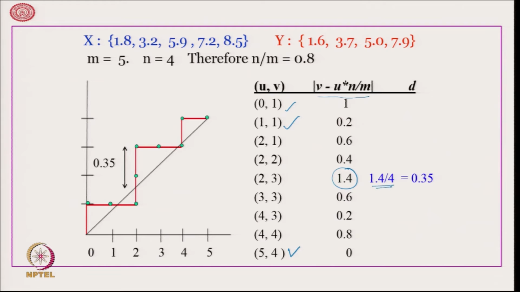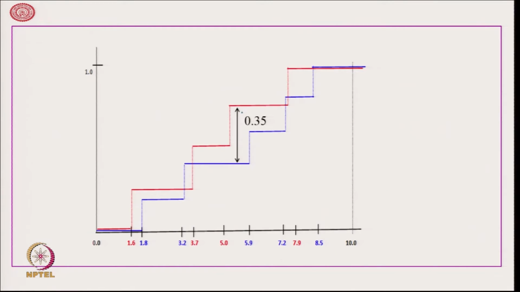Therefore, 1.4 divided by n, which is 4, we get 0.35, and if you remember in this graph, we have already seen that the value was 0.35.